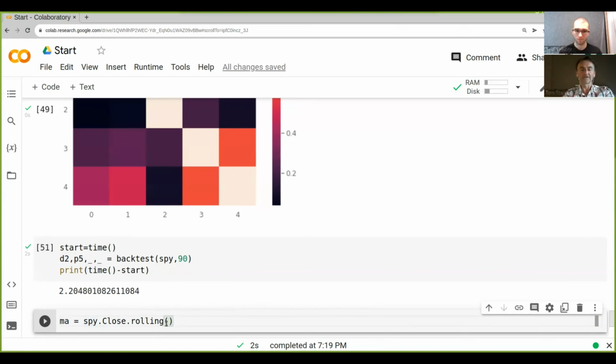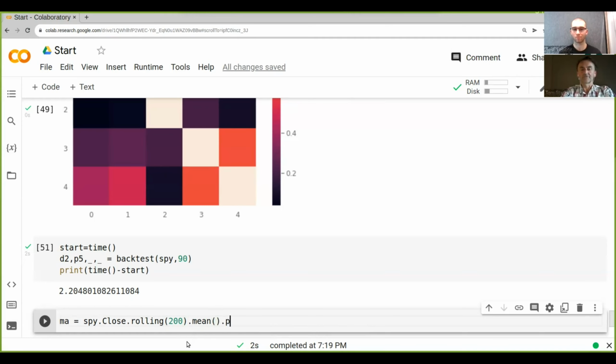We need a lookback window, so let's say a 200-day rolling lookback window. Then we specify what we want to act on this window. We could have a rolling sum or a rolling whatever. In this case, we want a rolling average, a rolling mean, so all we have to do is go dot mean. And that's what it is.